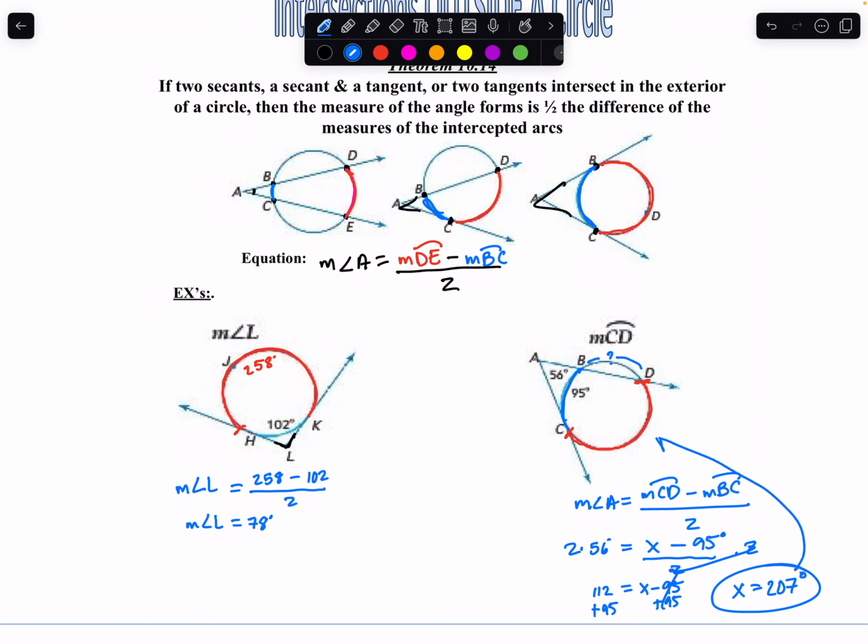I can plug that in here, and you can check. Is 207 minus 95 divided by 2 equal to 56? And the answer is yes.